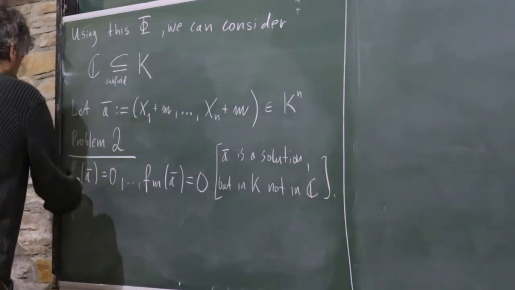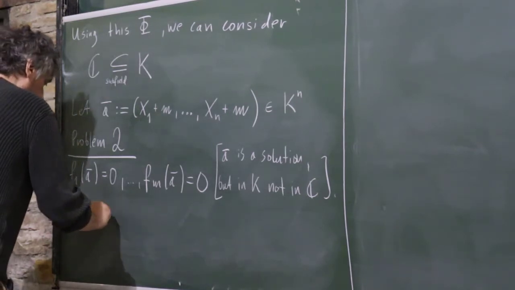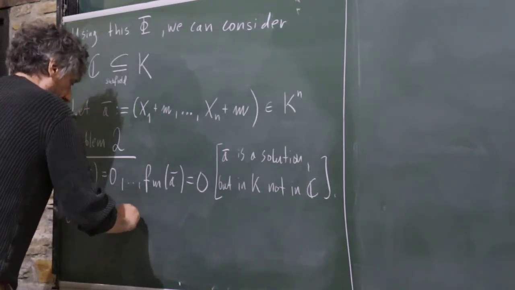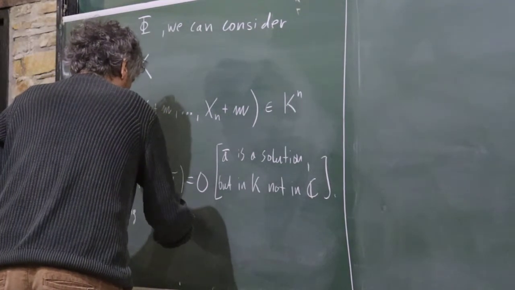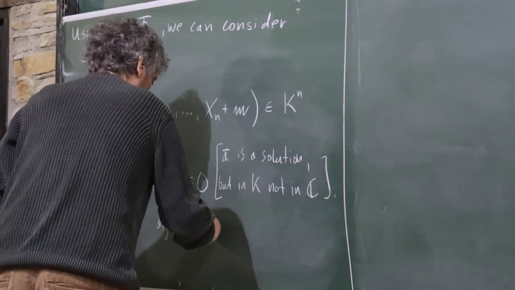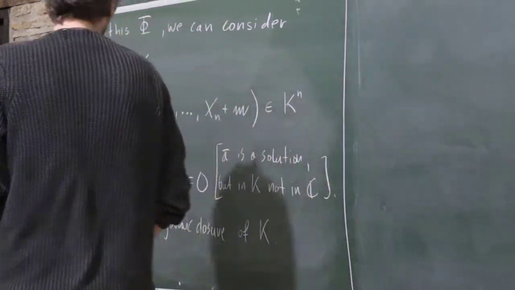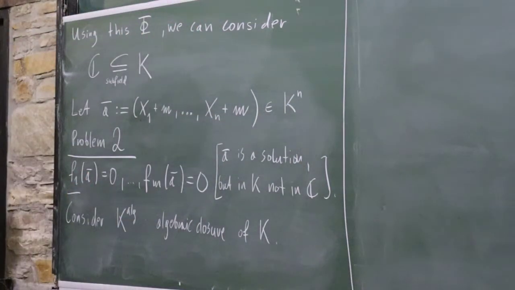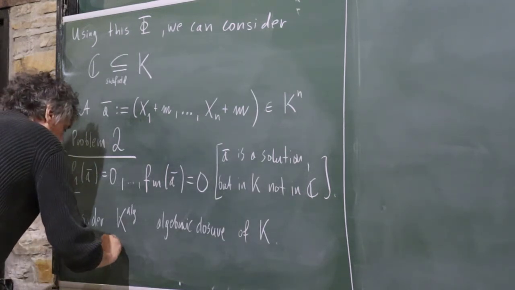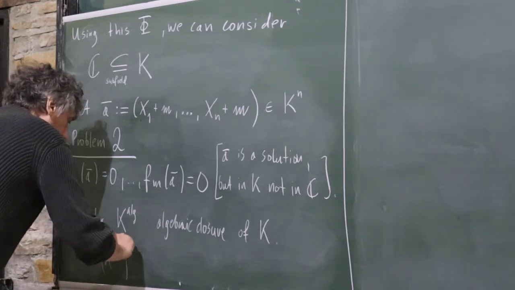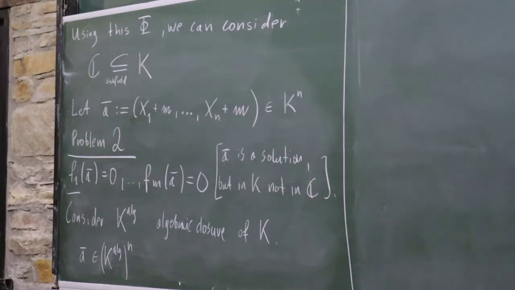So now consider K arch, the algebraic closure of K. So of course this tuple A bar is also in K arch, because it was in K. So now there is a sentence.